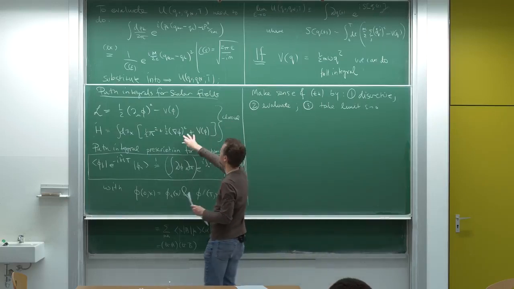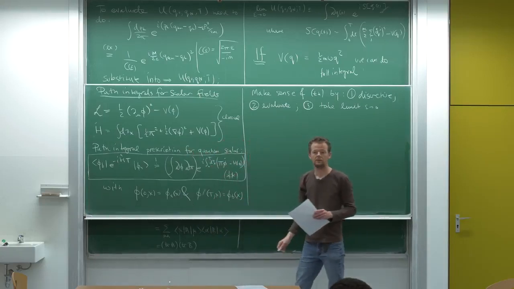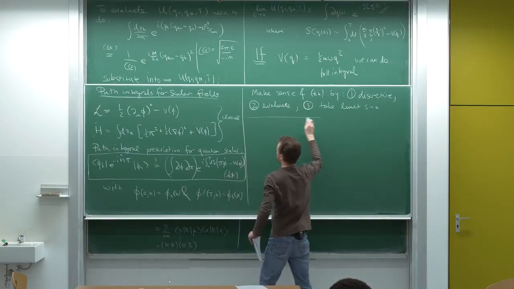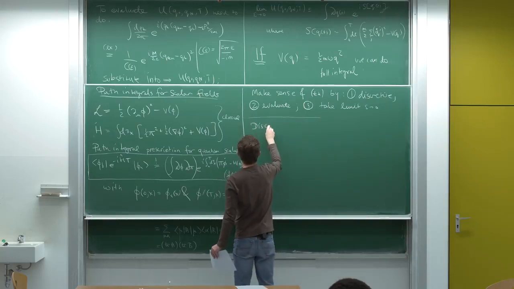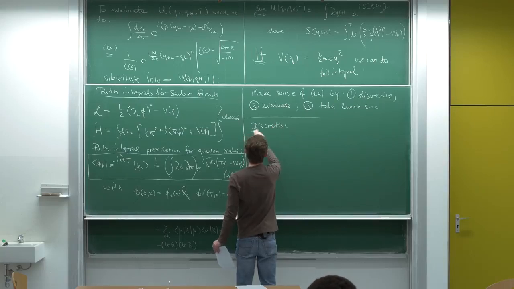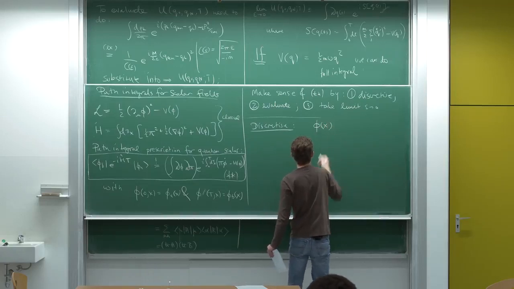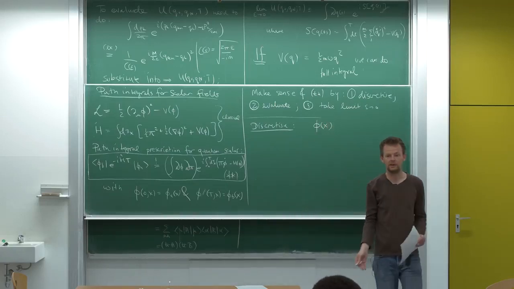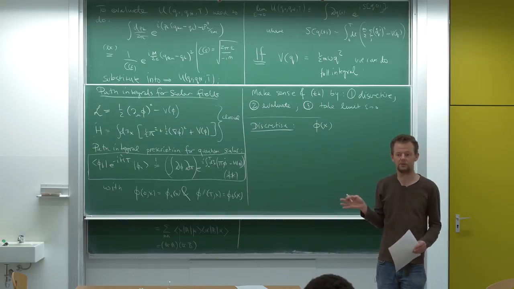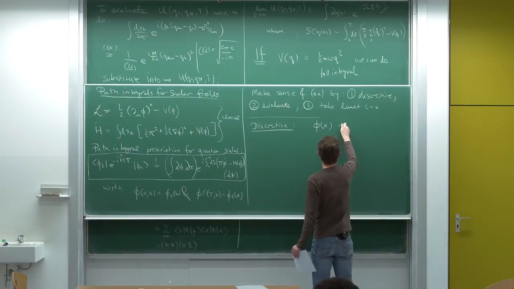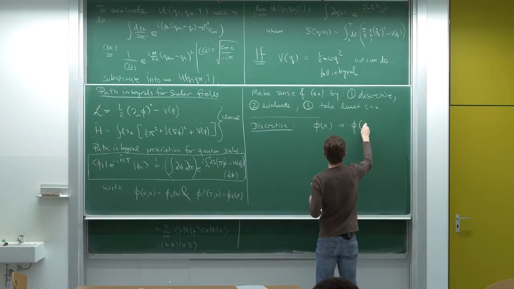So if you look at the Hamiltonian density here, you have to discretize this somehow. And the way we're going to discretize is this: the field at space-time location x, we're going to put a grid on space-time and replace this field with a bunch of canonical position coordinates.